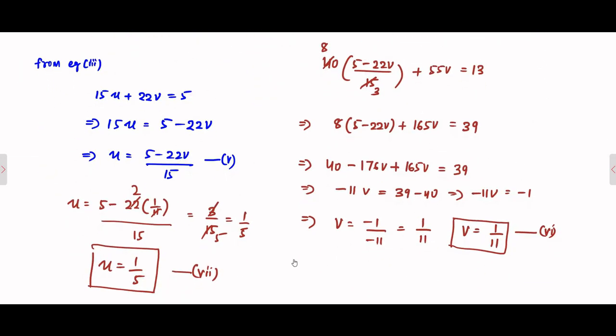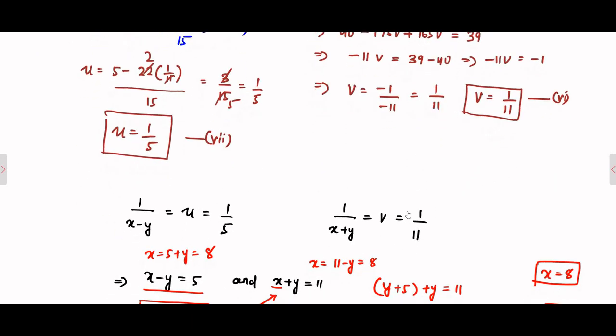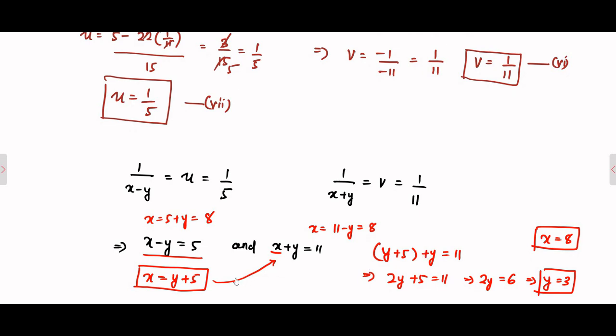Then again we got a pair of two new linear equations in two variables, in terms of x and y. They were in a simple format, so we used the substitution method again to get the values of x and y. So it is a two-layer application of the substitution method. Here in this question we did that.